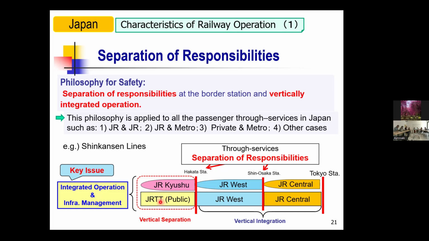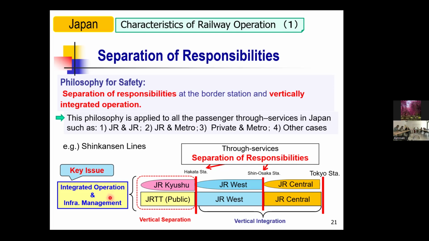However, the concept of vertically integrated operation applies to this section as well. We believe that this kind of vertically integrated operation is a key factor for attaining safety and punctual train operation.